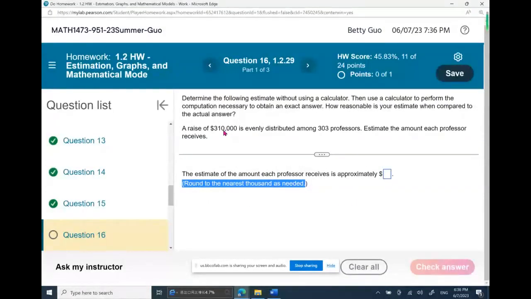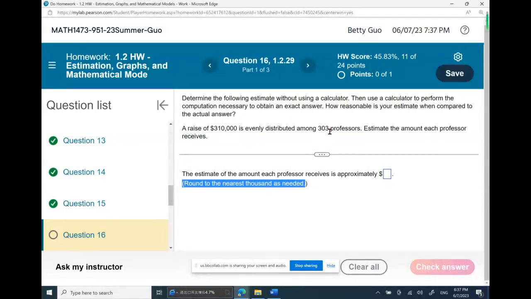So nearest 1,000 here, but I'm going to round this number as 300,000. Just ignore the 10 grand. Yeah, just round it down to 300 grand, 300K.